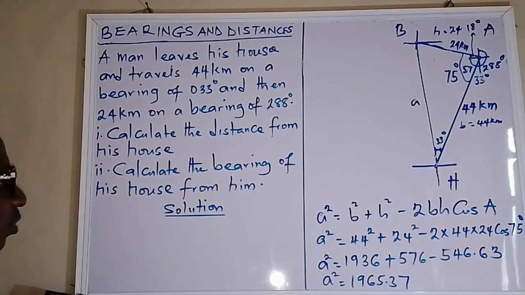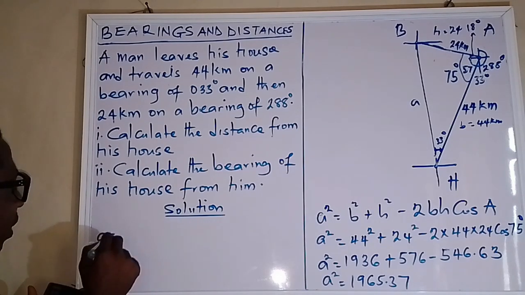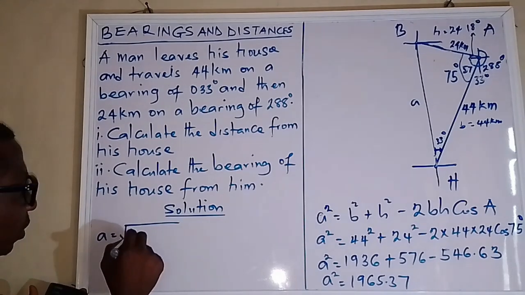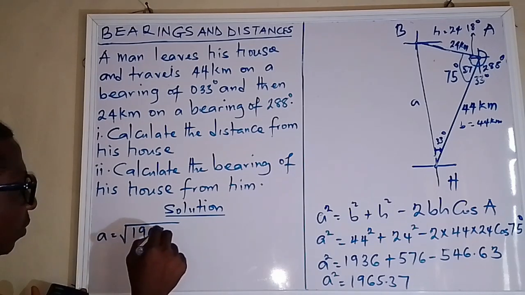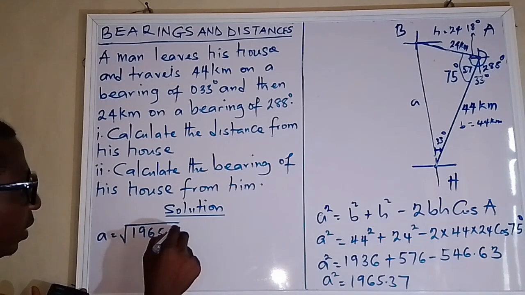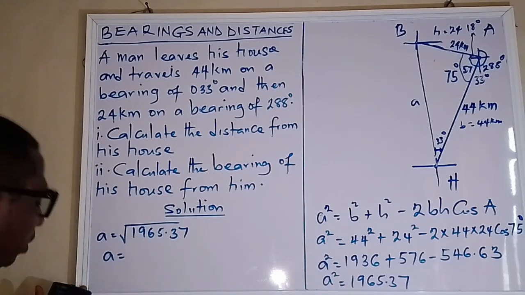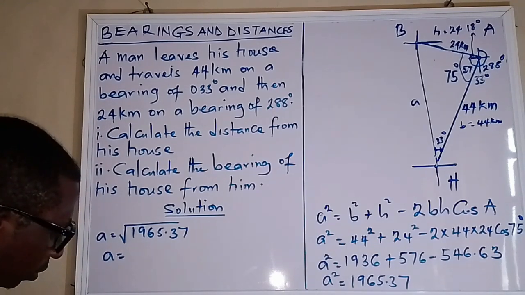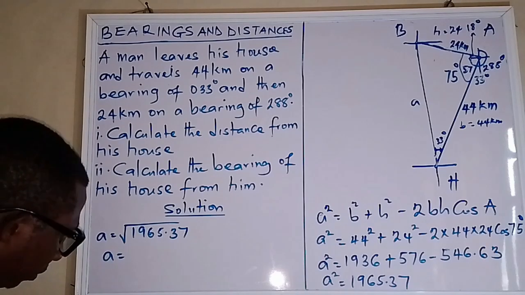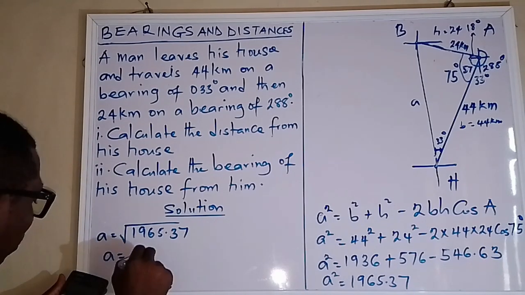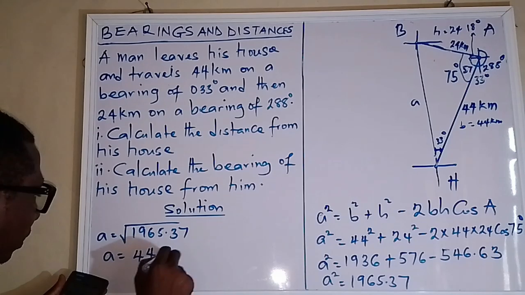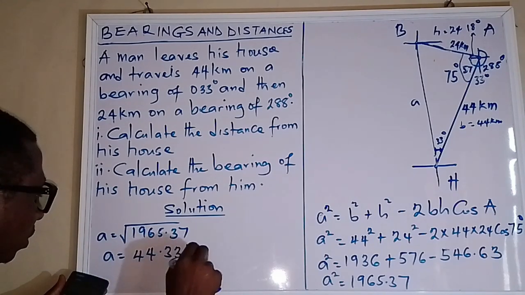So if you take square root of both sides, we'll be having A to be the square root of 1965.37. So A will be the square root of the answer, that is 44.33 kilometers.